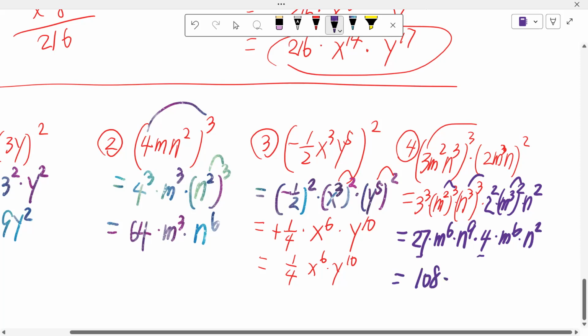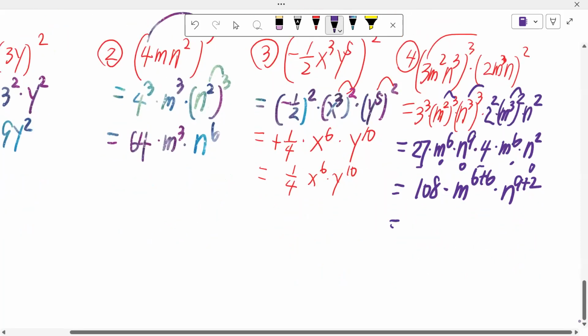And for m, keep the base, 6 and 6. For the n, keep the base, 9 and 2. Now simplify afterwards: 108 m to the 12, n to the 11th. Any question about this?